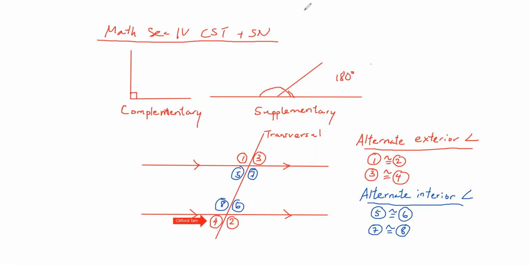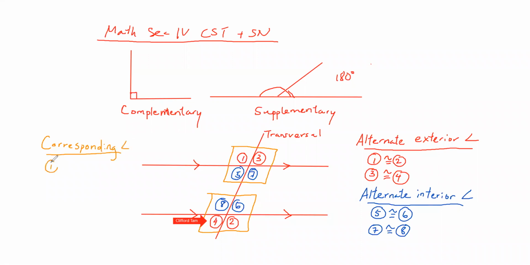Perfect. We have just another set that we need to talk about, and those, of course, are what we call corresponding angles. I'm going to do this in a different color. For corresponding angles, you have to say to yourself, if I look at this as a whole box and I look at this as a whole box, which angles must match up to each other? So corresponding angles are the following.